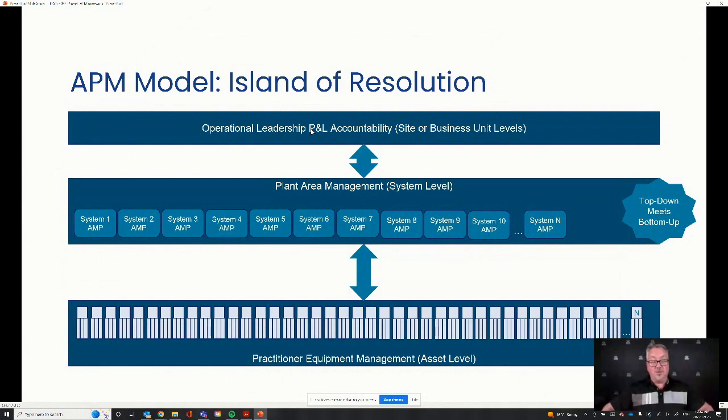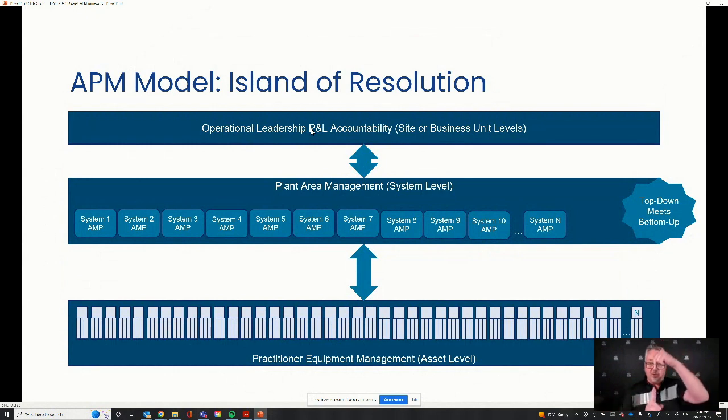The bottom view, the bottom up view, is the practitioner, whether you're maintenance, operations, reliability, or other engineering functions. We're really challenged and tasked with managing hundreds, thousands, tens of thousands of assets individually, right? But it's very, very detailed work, and what we do in that space is also valid, and that perspective is valid.